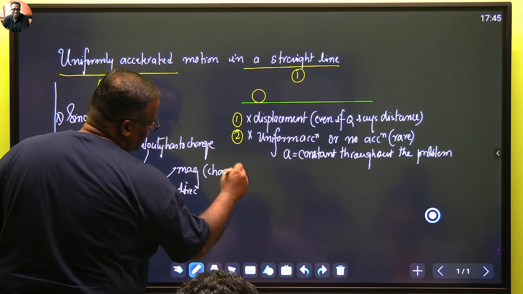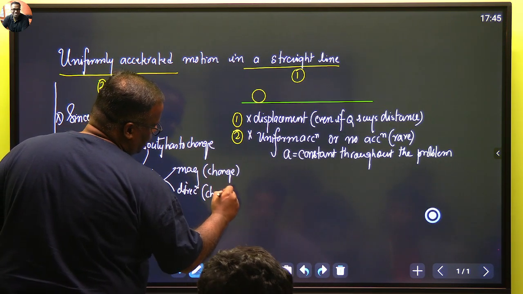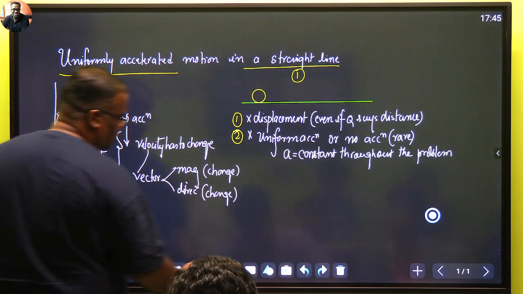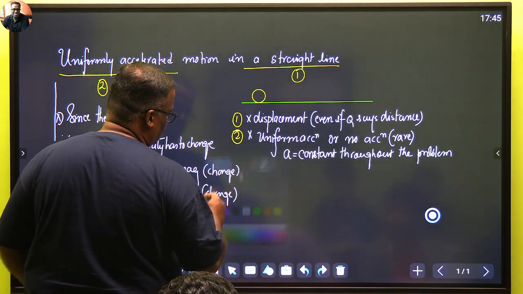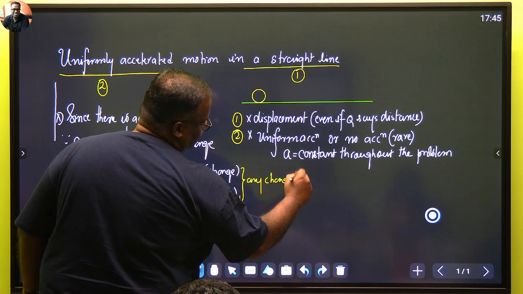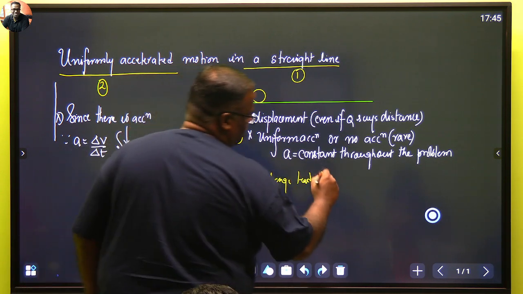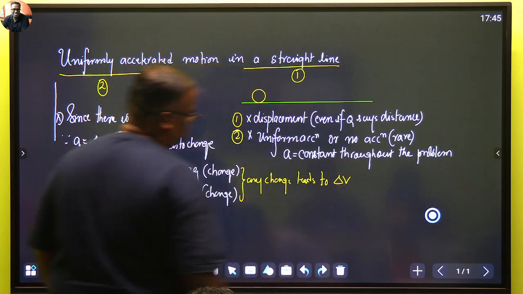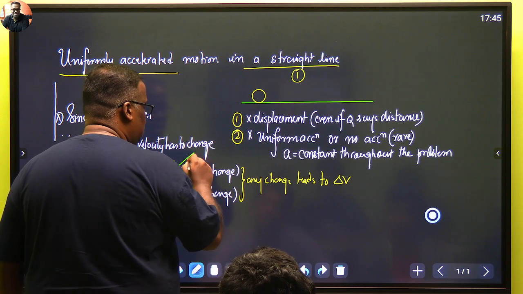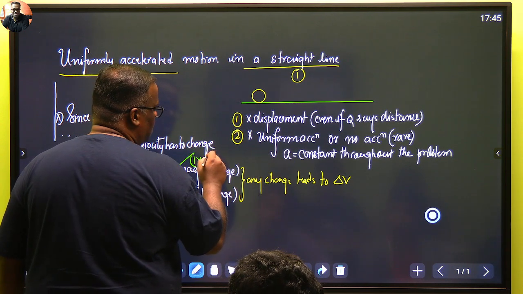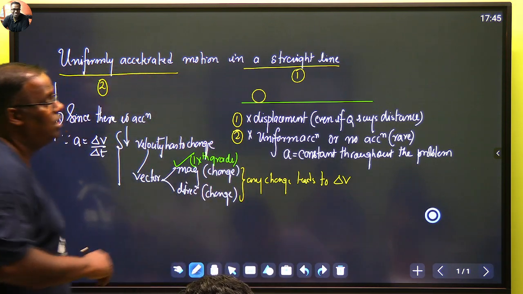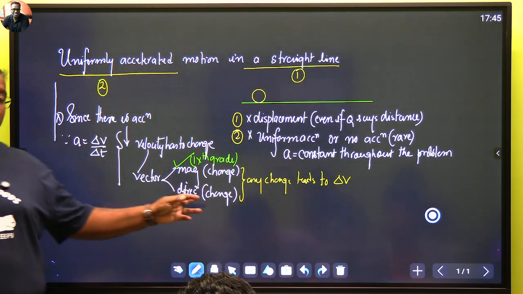Any change in magnitude or any change in direction, either of these, leads to delta v. But you are all kids, little children, so you will mostly see change in magnitude in grade 9. So in 9th grade you will see change in the magnitude. However, if you go back to chemistry, we saw this change also.